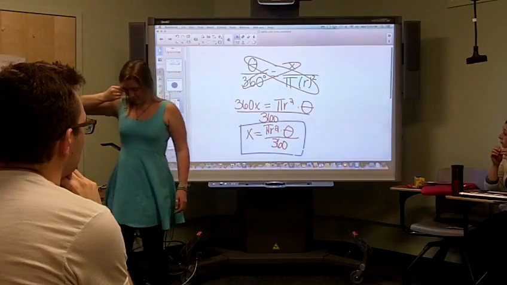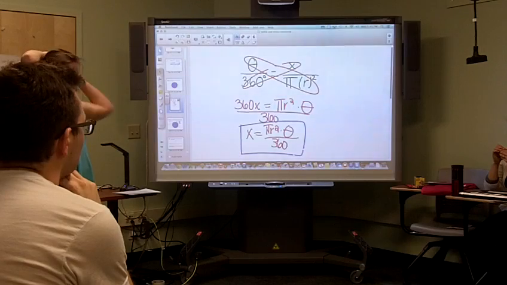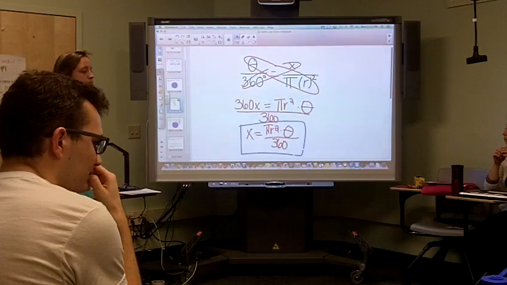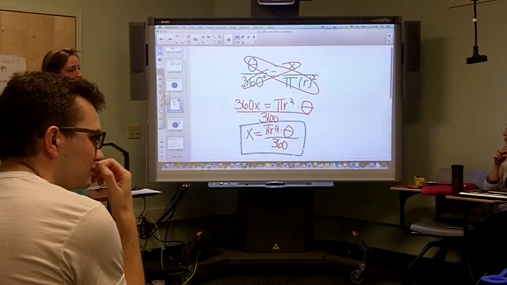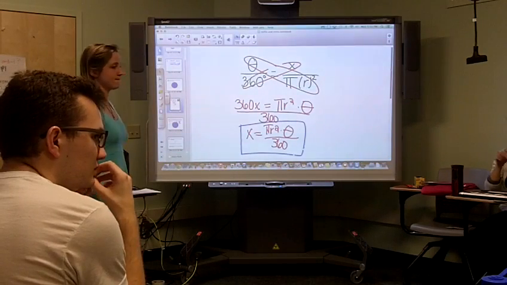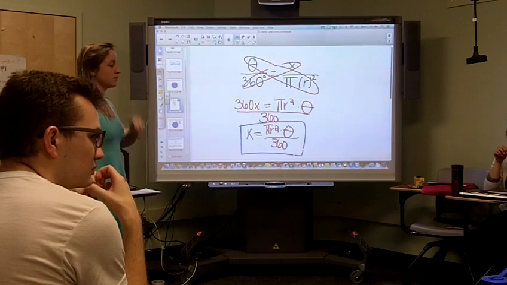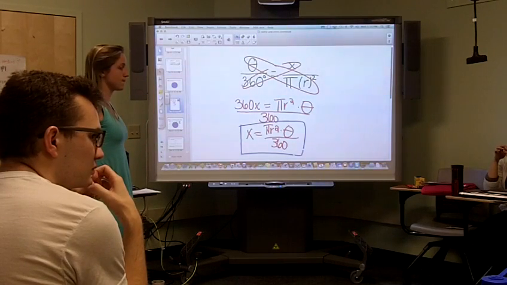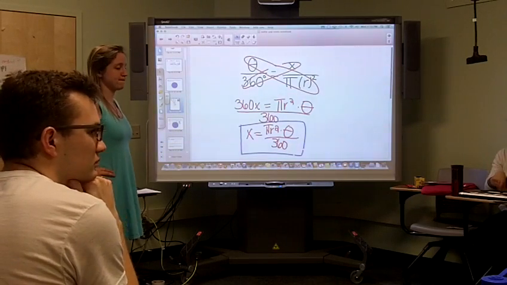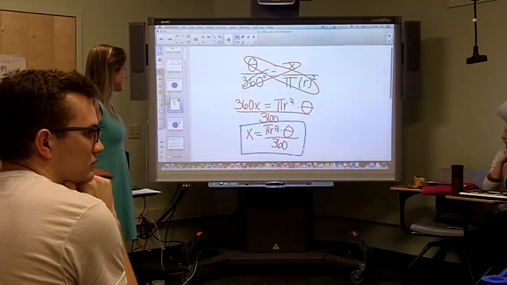So Danielle was thinking that the area of the sector out of the whole area would have this same ratio as the angle out of the whole number of degrees of the circle. And so then she set up a proportion in order to solve for that. Yeah. Very good. Great.